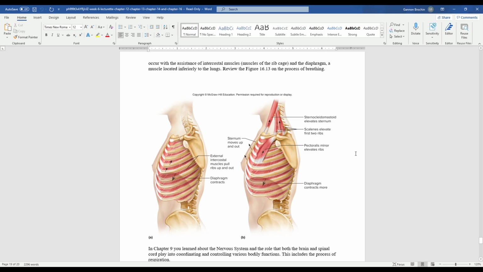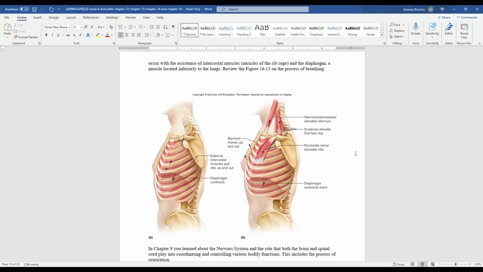So this contraction opens space for the lungs. And because of the way that the pressure works, the lungs are actually a lower pressure than the outside. This is going to cause the lungs to expand to fill that newly opened space. Okay? This allows air into the lungs.